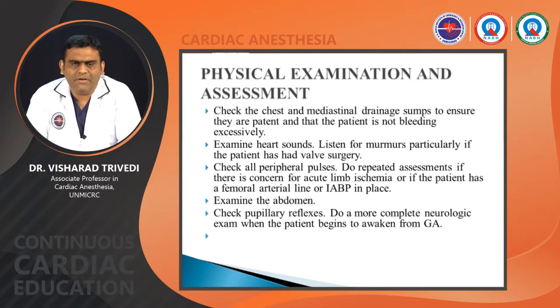Check all peripheral pulses, especially the dorsalis pedis and posterior tibial arteries, particularly in cases of minimally invasive surgeries or Bentall where femoral cannulation has been used. Examine the abdomen for any distension. Examine the pupillary reflexes and do a more complete neurologic examination if the patient begins to awaken from the GA.